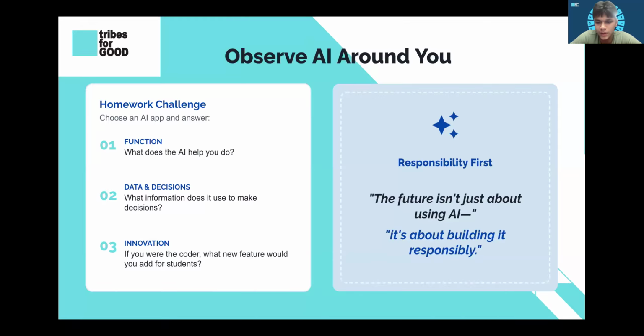Okay. So, responsibility first. The future isn't just about using AI; it's about building it responsibly. So I would like to say, don't misuse AI. For now, try to use AI as little as possible if it is schoolwork or something.